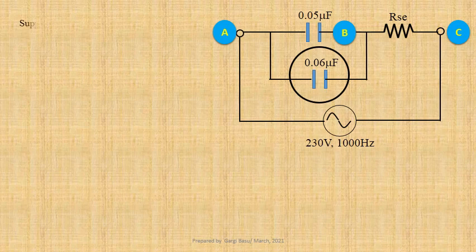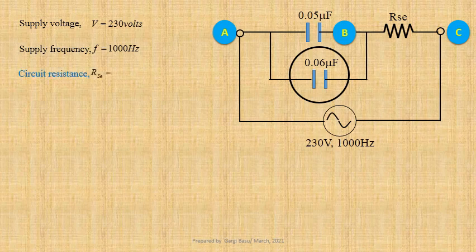Given supply voltage V equals 230 volts, supply frequency F equals 1000 Hz. We have already determined series resistance RAC equals 2996.8 ohm. Case 2.